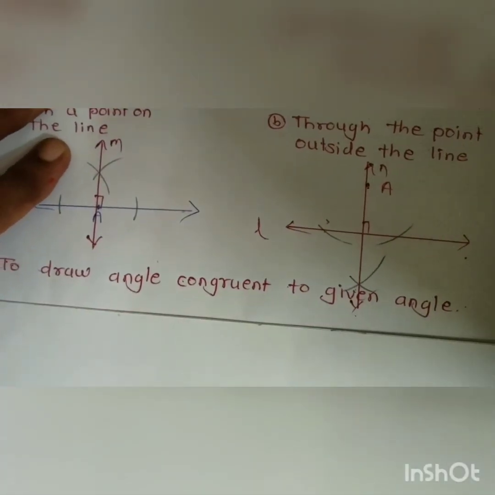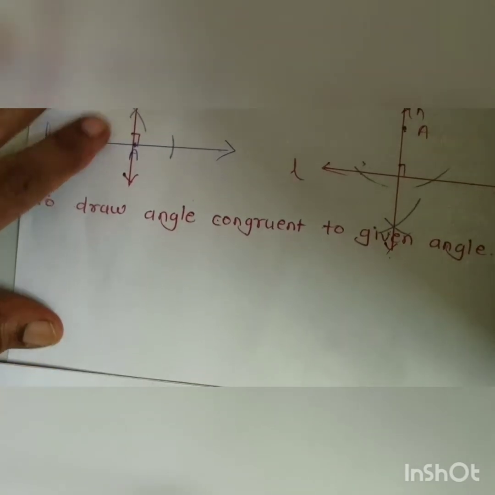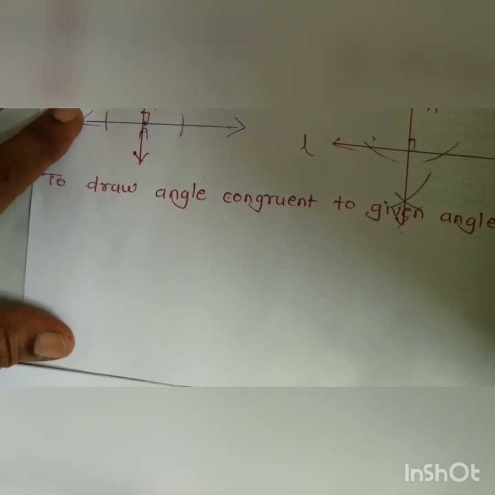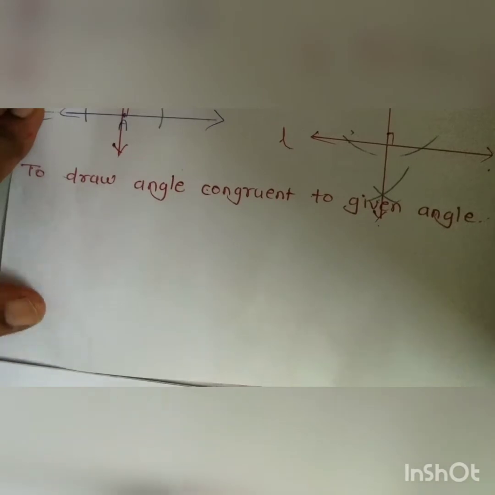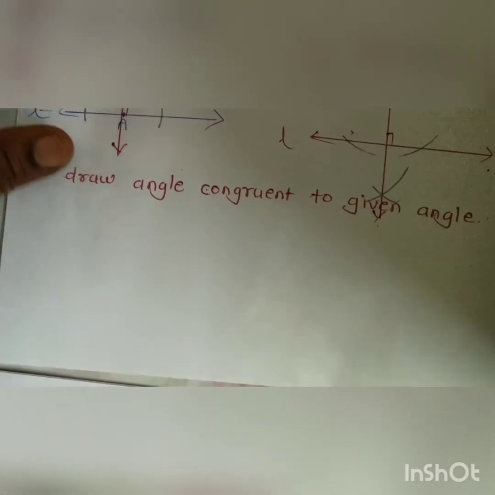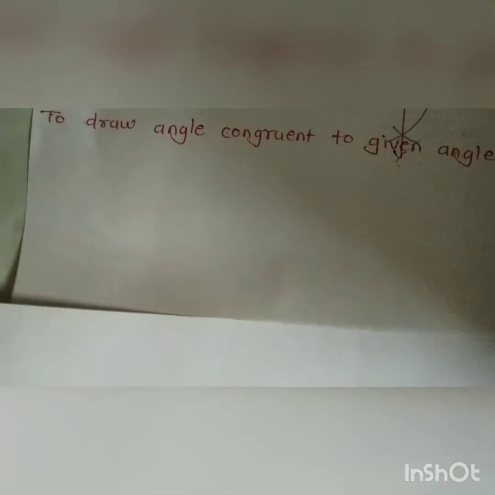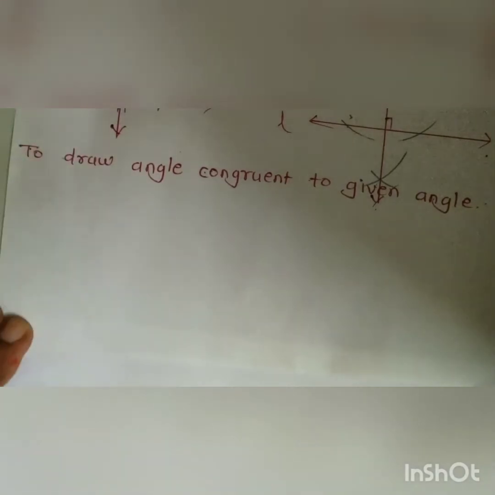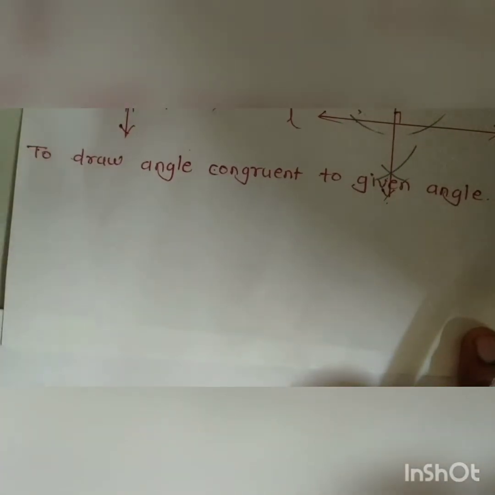Now the next construction is to draw an angle congruent to a given angle. We have to construct an angle congruent to the given angle without measuring.